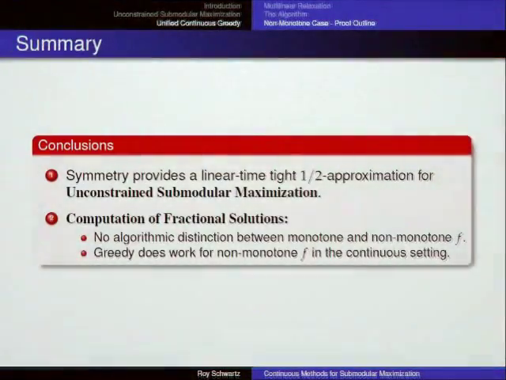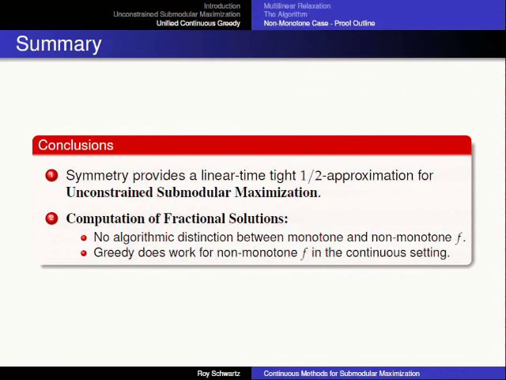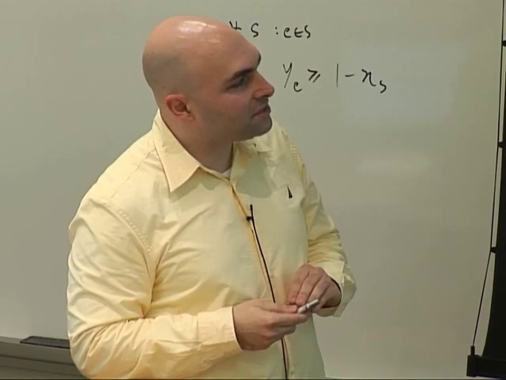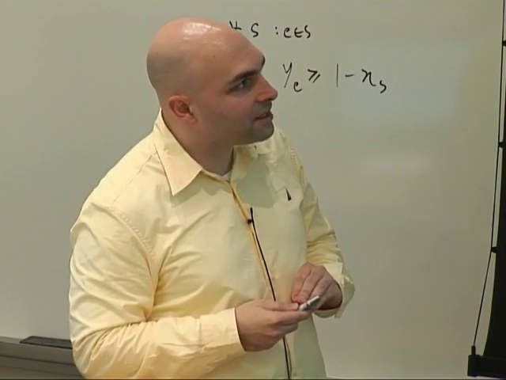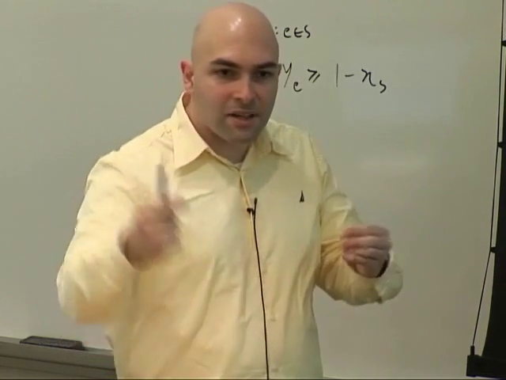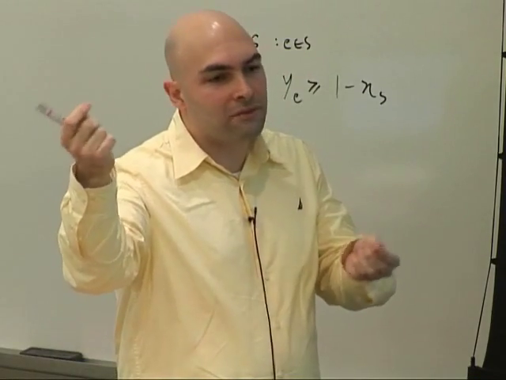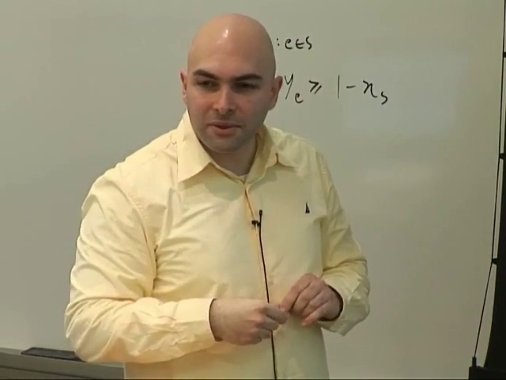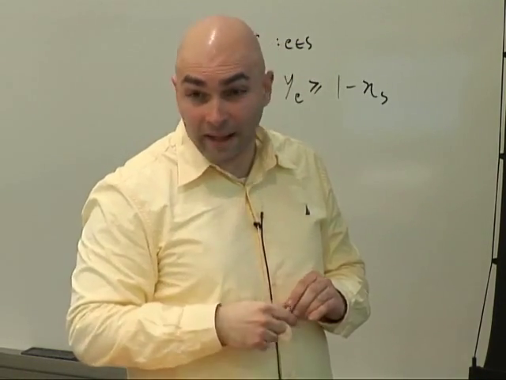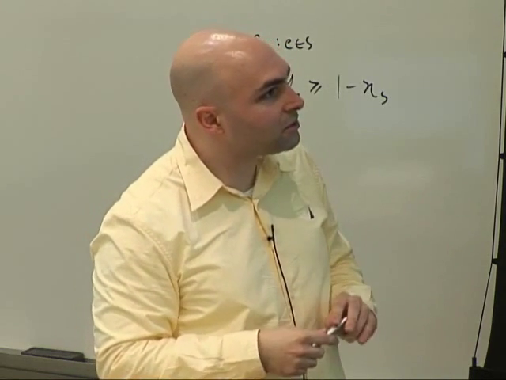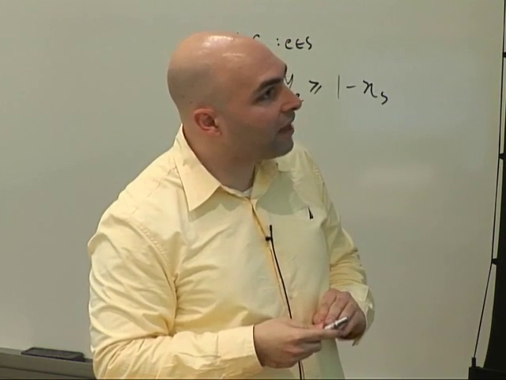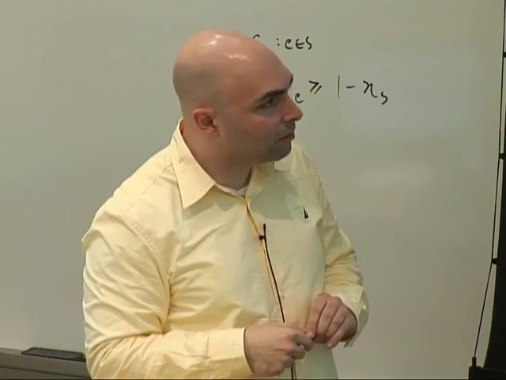So let's just wrap things up. What did we see? The first thing we saw is that this very simple symmetry observation, and the fact that we can have two evolving sets, gives you a tight linear-time algorithm that essentially resolves the approximability of the unconstrained submodular maximization problem.